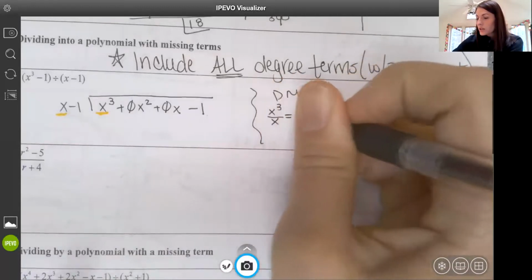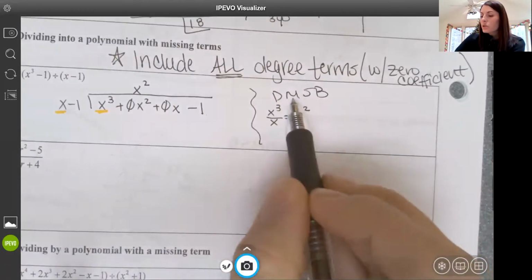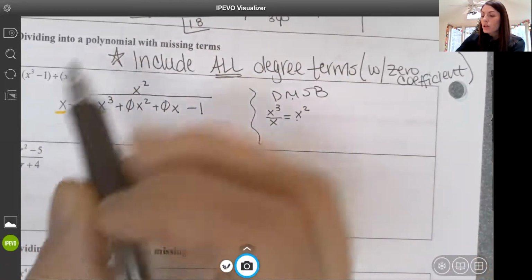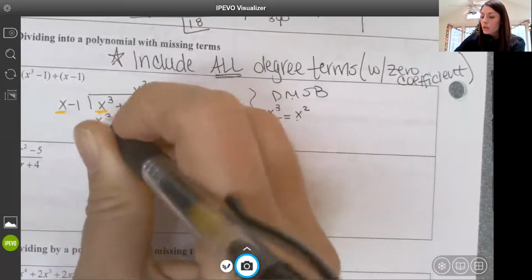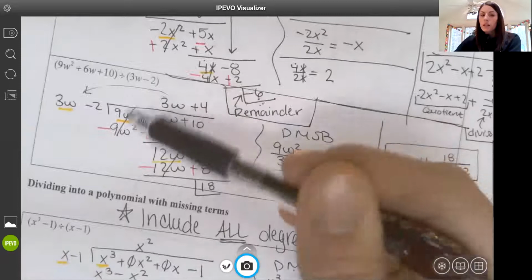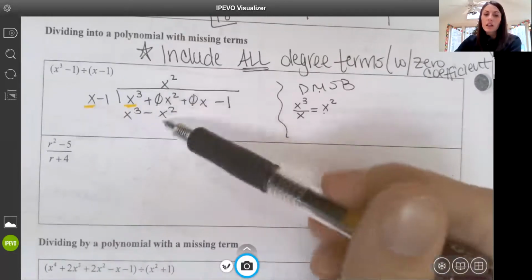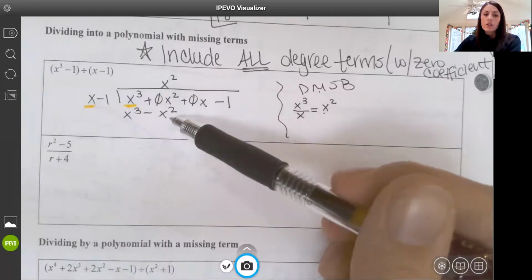Dividing x into it gives me x squared. I'm going to take that x squared and multiply through out front, which would give me x cubed minus x squared. And notice, like up above, we were lining up like terms, it was kind of just naturally happening. Same idea here, I'm lining up like terms.